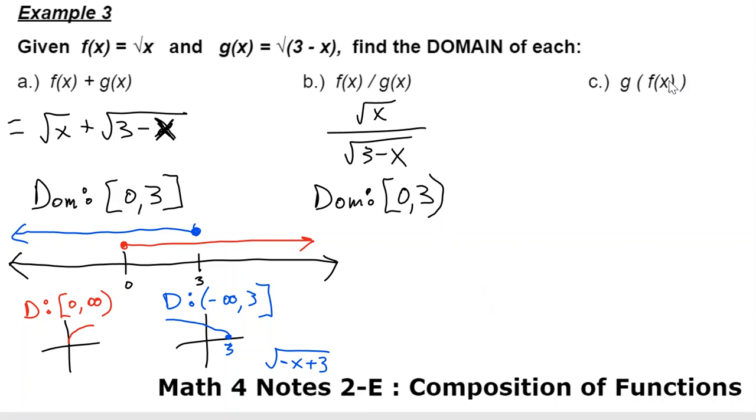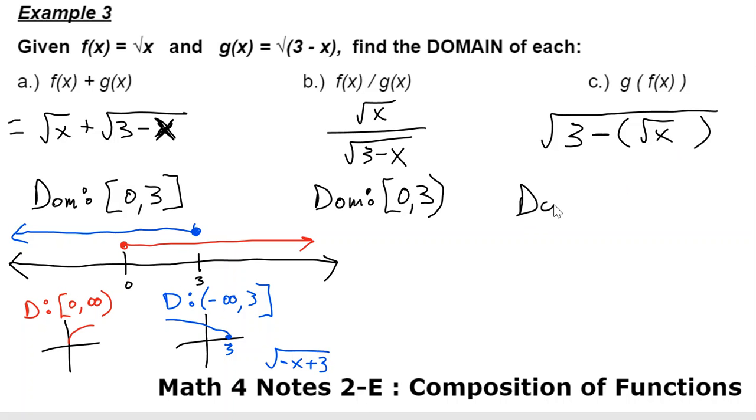Now, in this case, we are taking the g of x on the outside, and then we're putting the f of x on the inside. Now, this is going to change the game just a little bit, because I have the square root of x, I still can't go below 0.